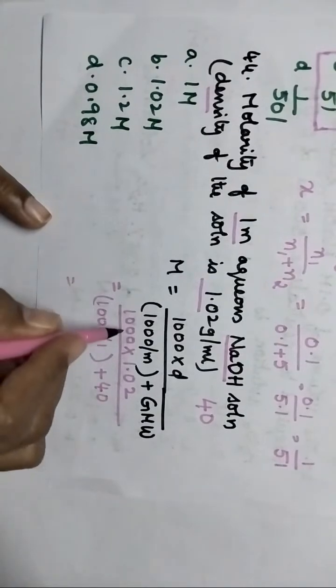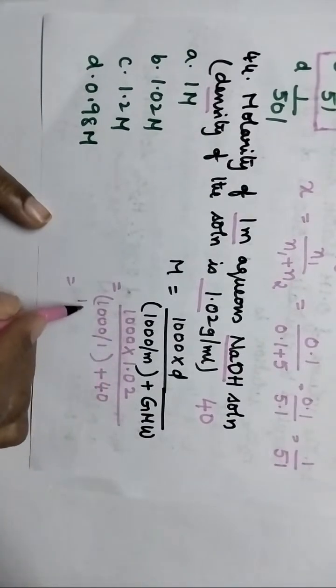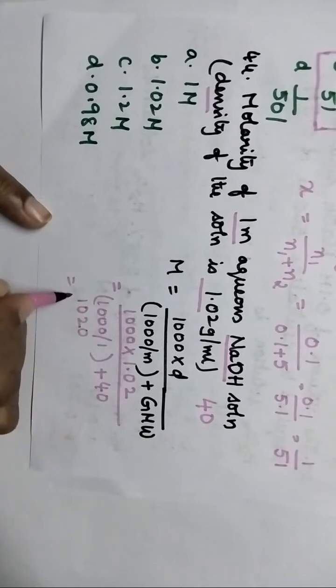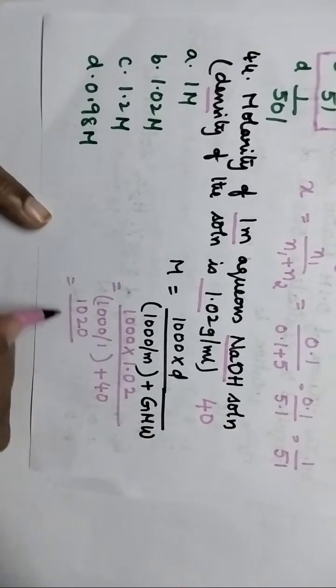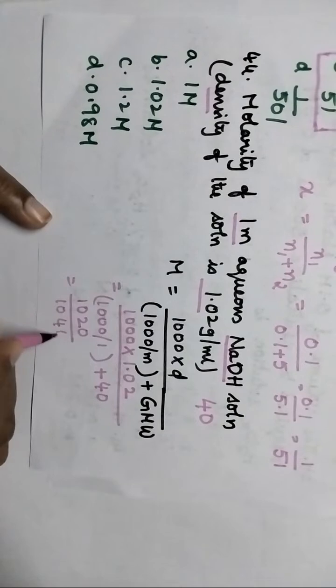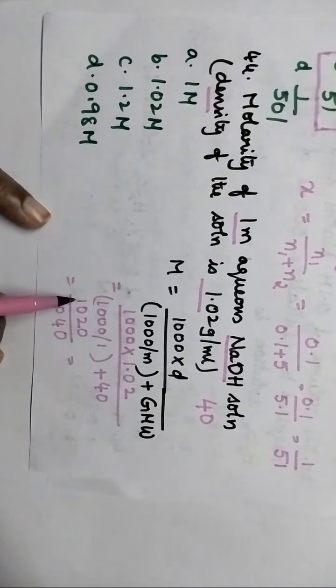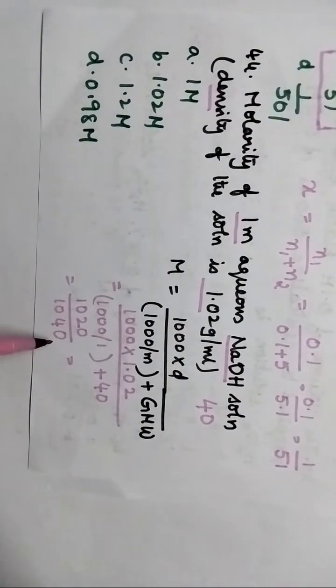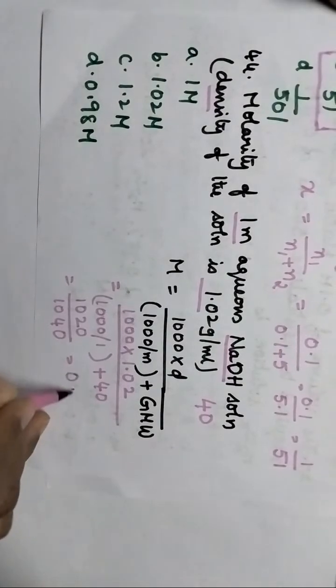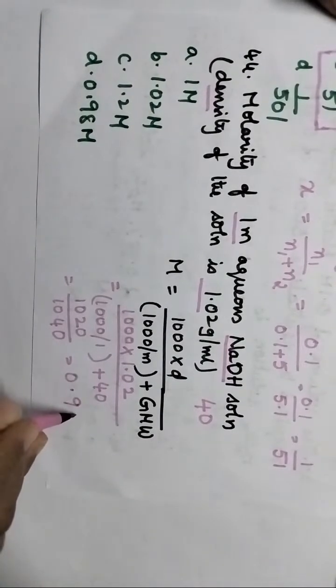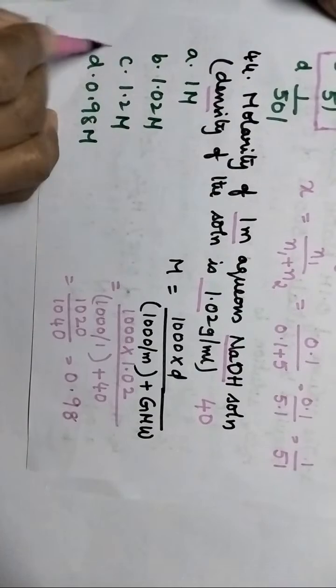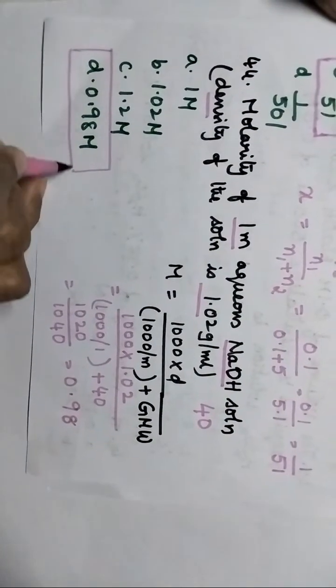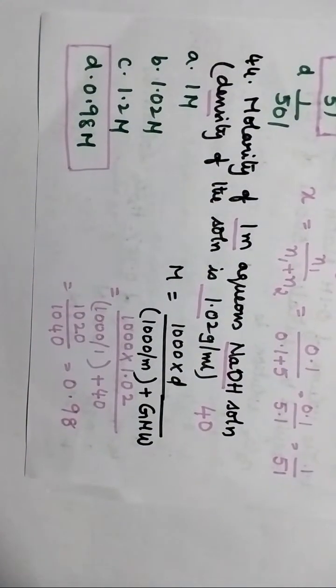So you just multiply: 1020 divided by, here it is 1000 plus 40, 1040. So 1020 divided by 1040, it will be approximately 0.98. So option D is the right answer. Clear?